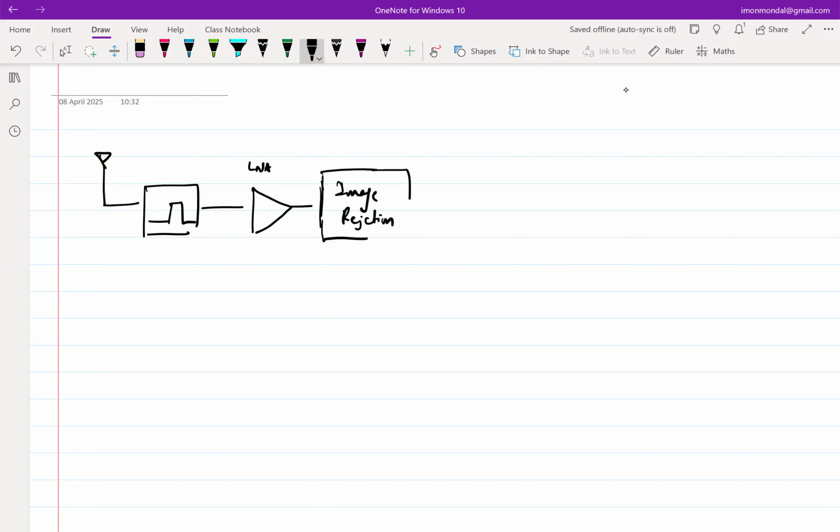You have an image rejection topology, then you have a mixer. Then you might choose to have a band pass filter or a low pass filter.